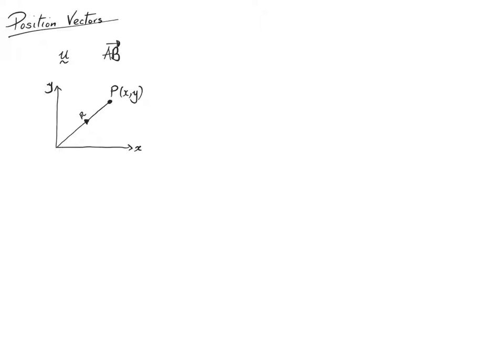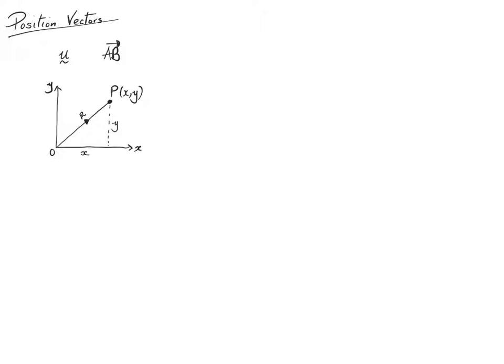So point P on this diagram has the coordinates of x, y. Okay, so what we're doing with our position vectors is saying, how far have I had to go to get from point O to point P in this diagram?